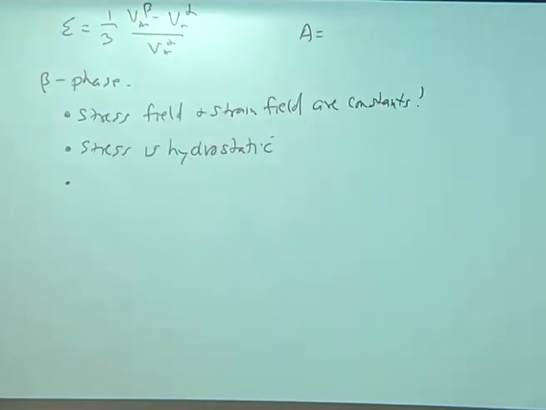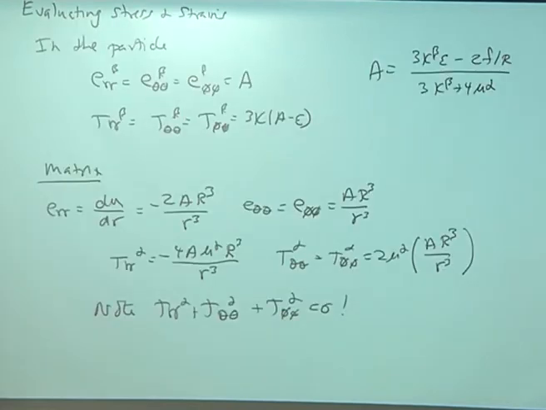In this case, A is going to be equal to 3k beta epsilon plus 4 mu alpha.